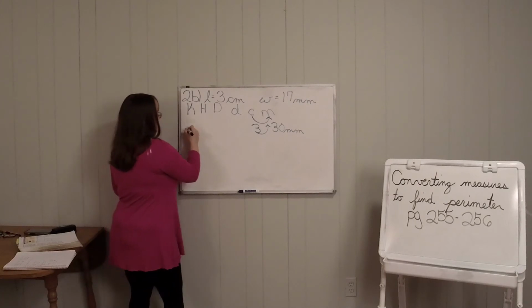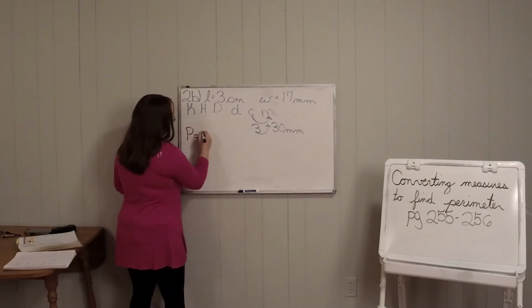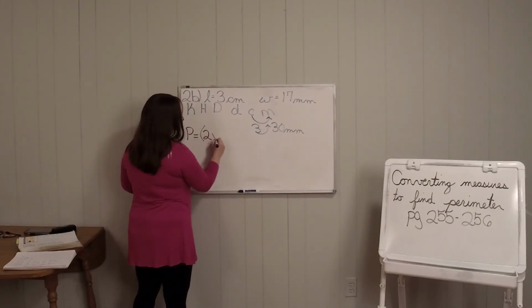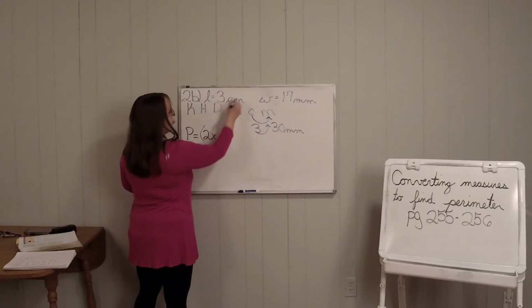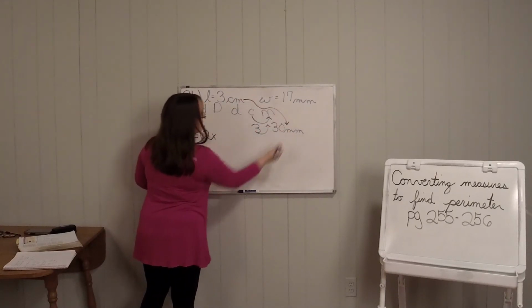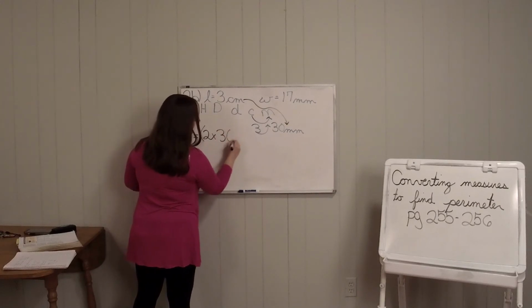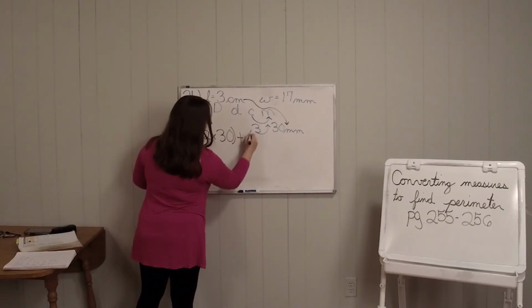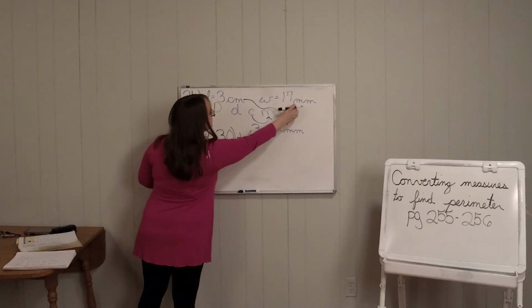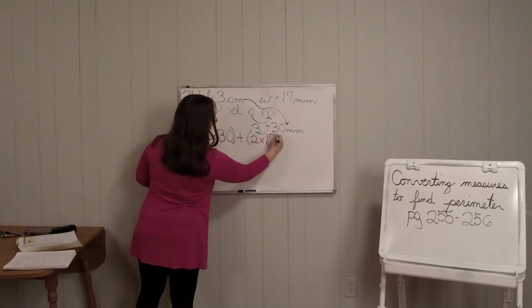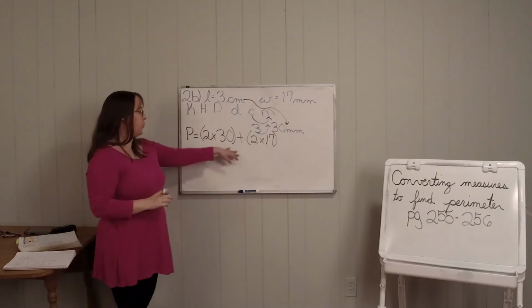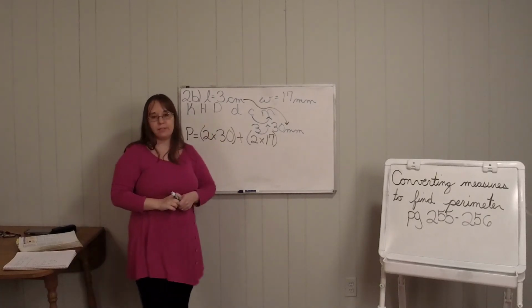Okay. So your perimeter, 2 times your 30 millimeters plus your 2 times 17. I'll give you a chance to work out 2 times 30 and 2 times 17 right now.